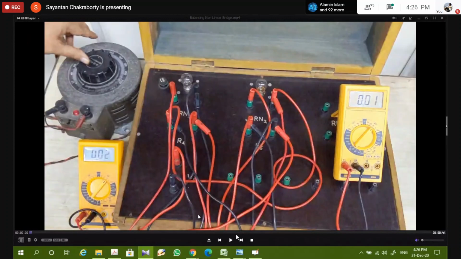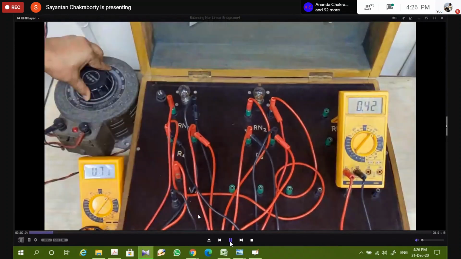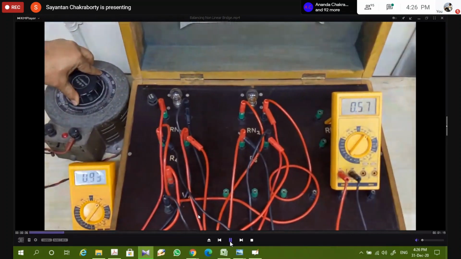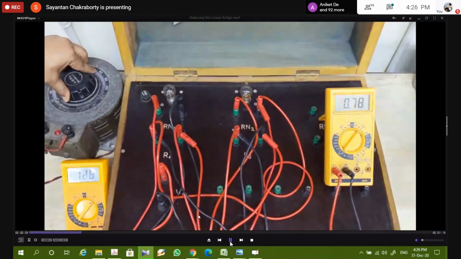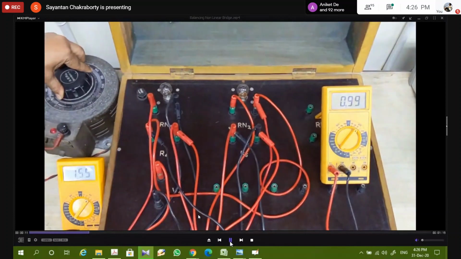I'll not interrupt it. Just observe it carefully. What is happening? I'm increasing the input voltage. The output voltage is diverging. Okay, that is, the bridge is nowhere near balancing.